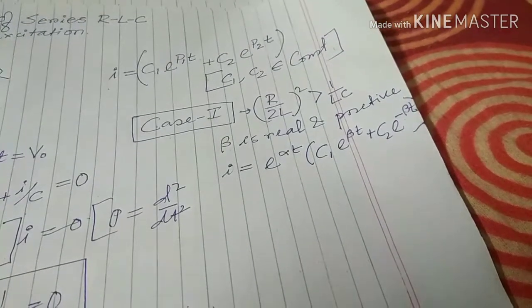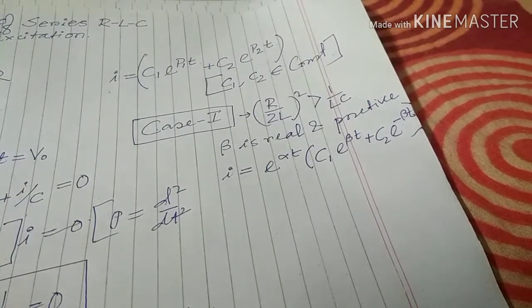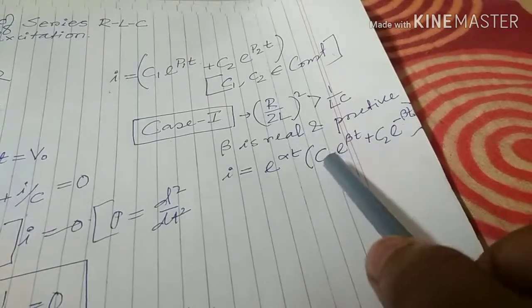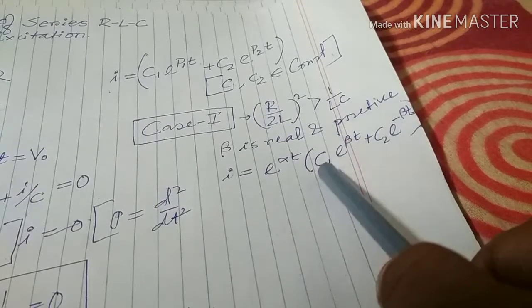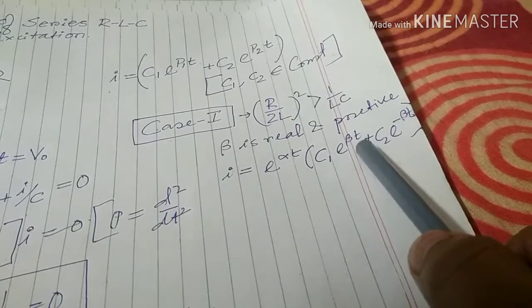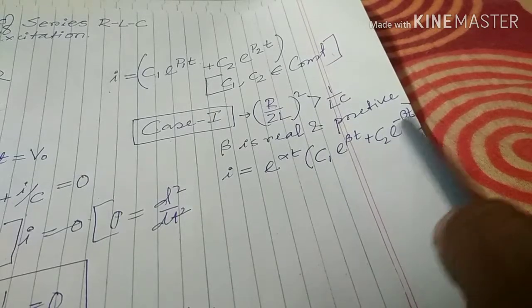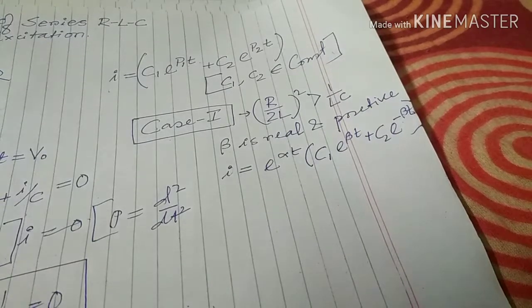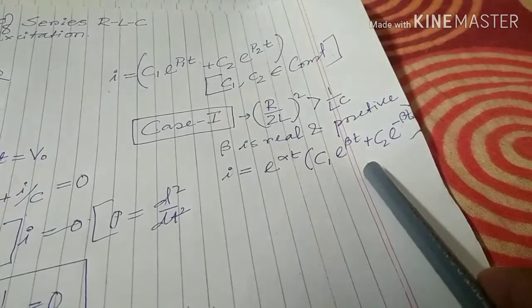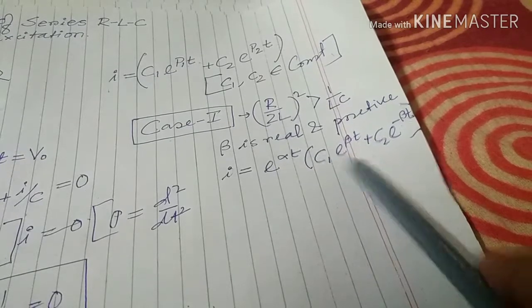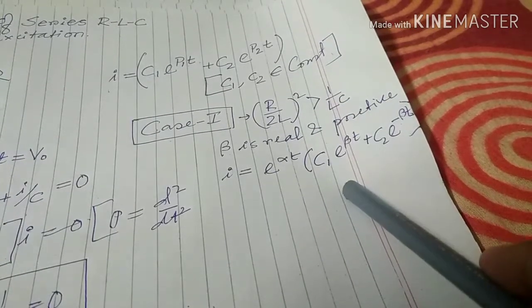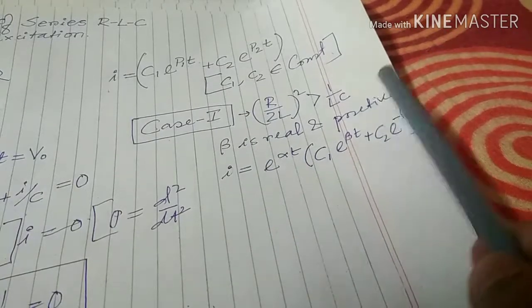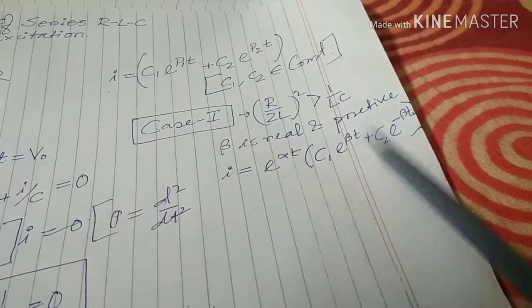By putting the P1 and P2 values, we get I equals e to the power alpha t into C1 e to the power beta t plus C2 e to the power minus beta t. By seeing this equation, we know that the current response is overdamped.